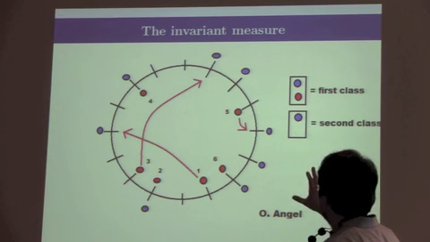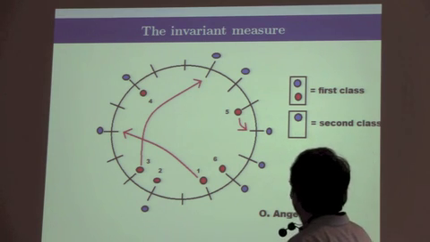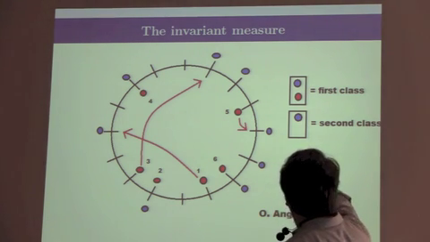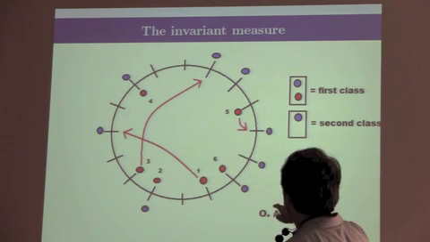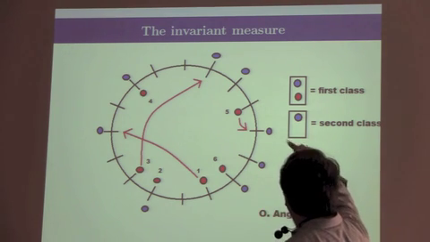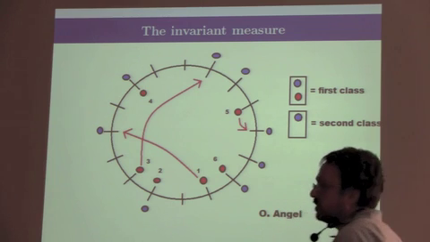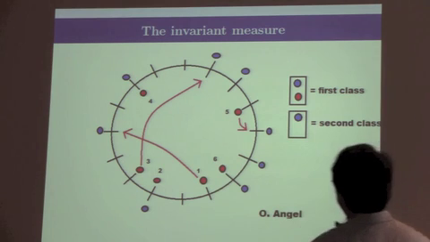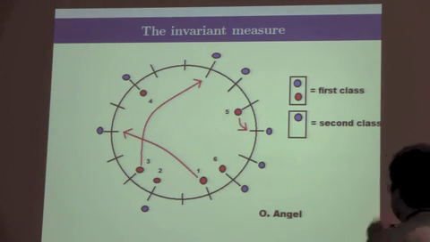So this is the invariant measure for a two-class TASEP that has 6 first-class particles and a number of second-class particles that is exactly the difference between the number of blue and the number of red. So the total number of particles in the model coincides exactly with the number of blue particles.